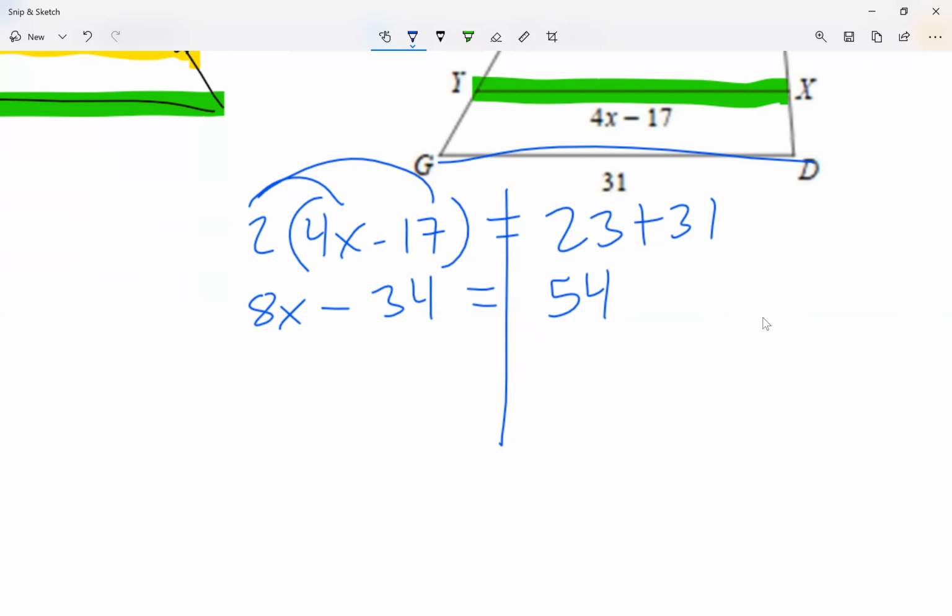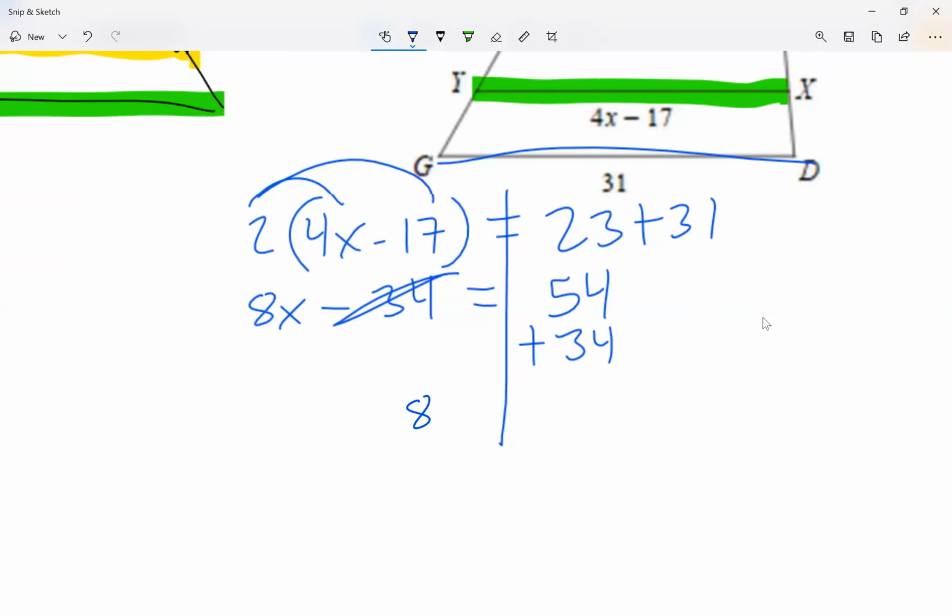Okay, good. Now, I still want to combine like terms. I see that I have letters only on the left side, right? 8x is only on the left side. I see no letters on the right side. So let me move everything that doesn't have a letter to the right. So this minus 34, let me move it over as a plus 34.